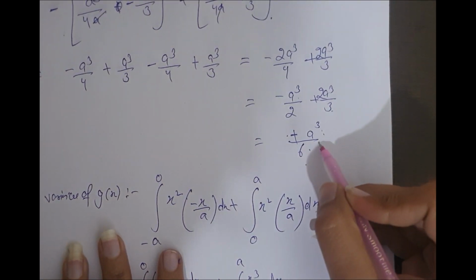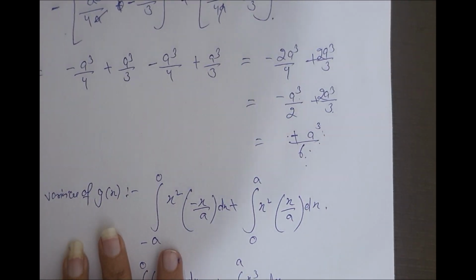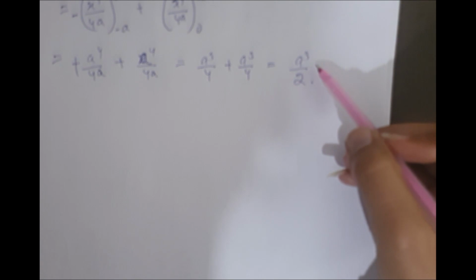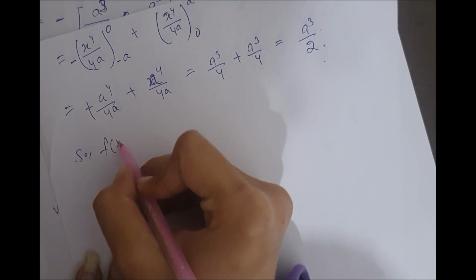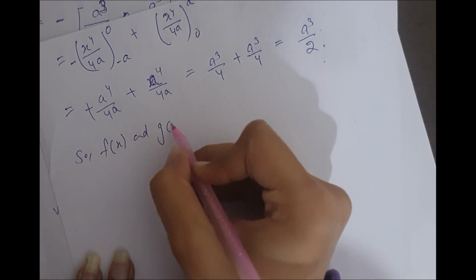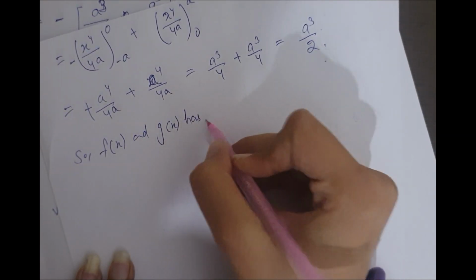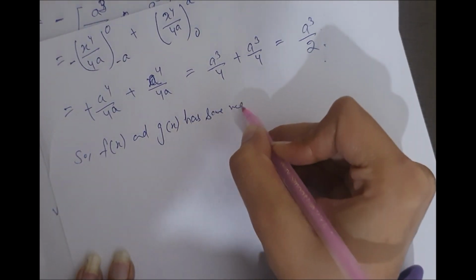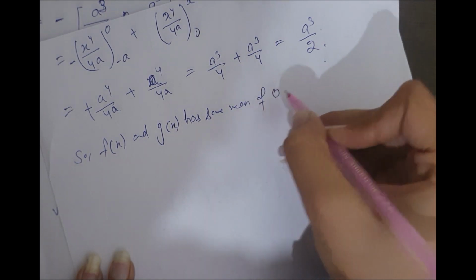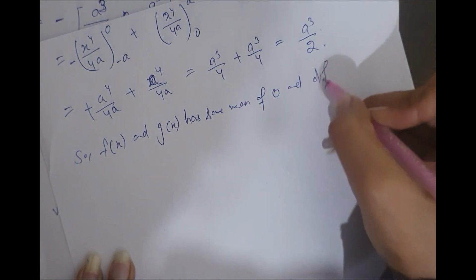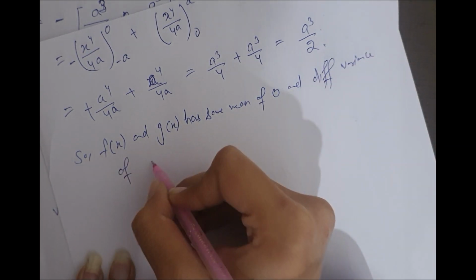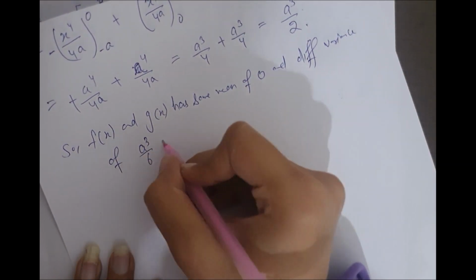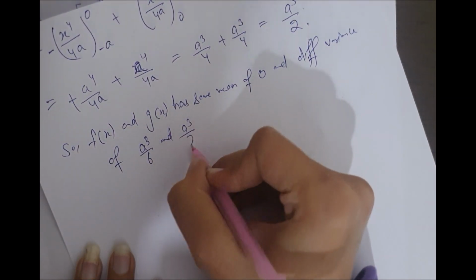Variance of f(x) came out to be a cube by 6 and variance of g(x) came out to be a cube by 2. So f(x) and g(x) have the same mean of 0 and different variances, a cube by 6 and a cube by 2.